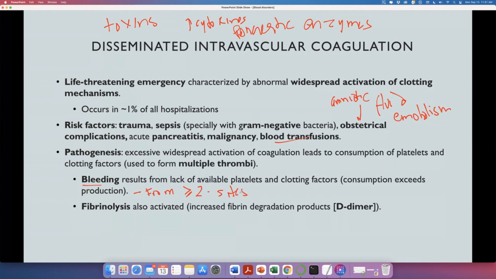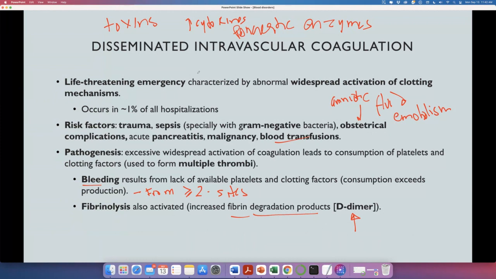For example, hemoptysis and hematuria, or bleeding from the place where we have the intravenous catheters, oozing blood. Also, we have activated the fibrinolysis. Okay, so there is an increase in the degradation products of the fibrin. Once we break down the clot, fibrin is broken down to form fibrin degradation products that we know as D-dimer. That is the importance of this test.